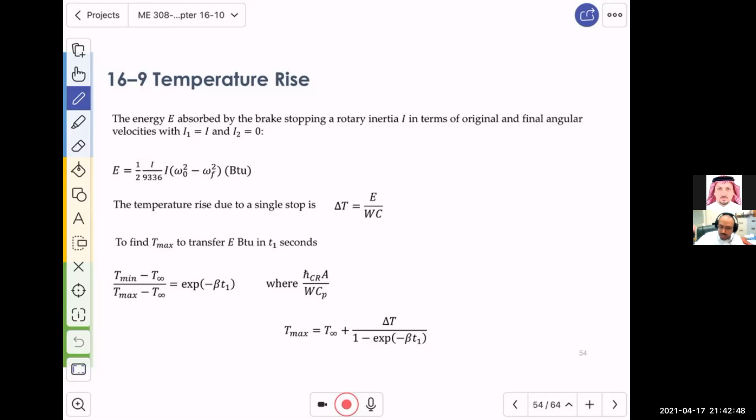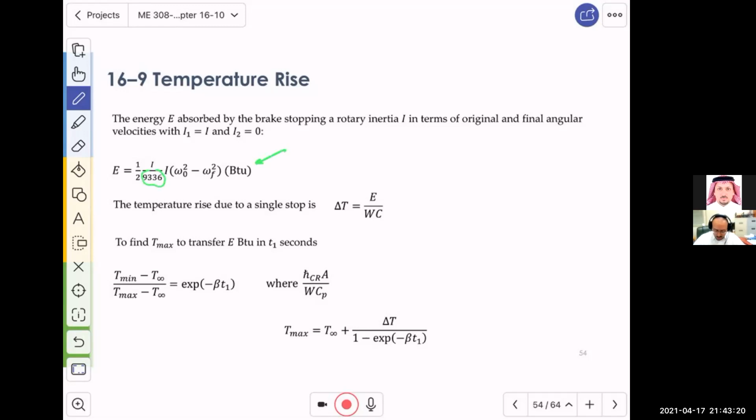And if we go back to the equation, which is the energy equation, substituting I as I1 and I2 by considering I2 equals zero and I1 is equal to I, and keeping in mind that this is expressed as a heat in BTU, so this is the conversion factor here, we will get this energy.